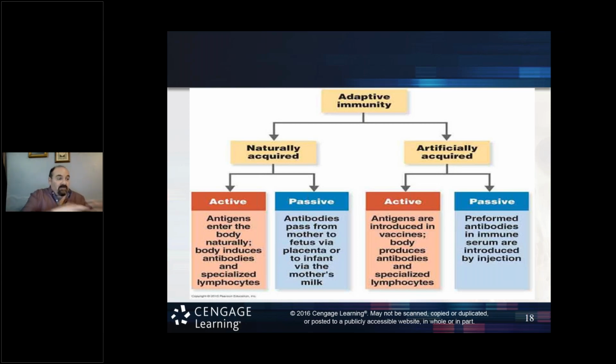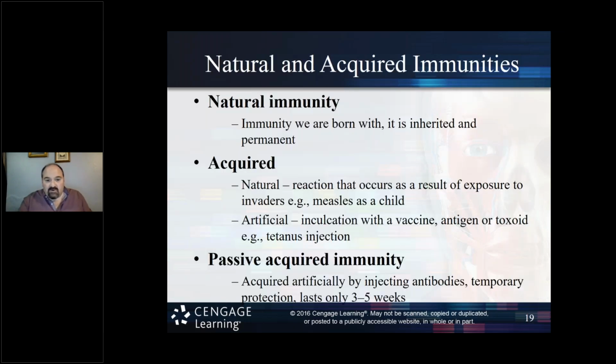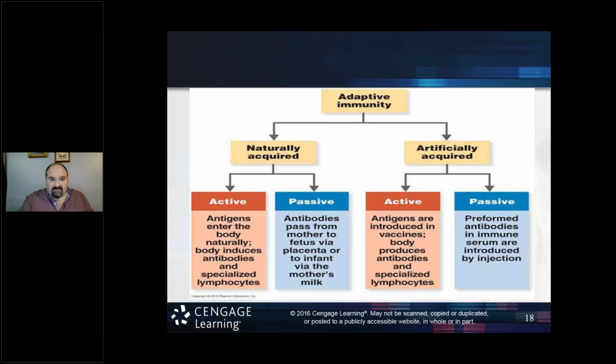You're receiving this blood product via injection or through other means, and you're right away, very quickly, forming an immune response because it's been injected into you. There are always a few questions regarding this, folks, so this is important. I really want you to understand the difference between artificial and passive, and natural and artificially acquired.